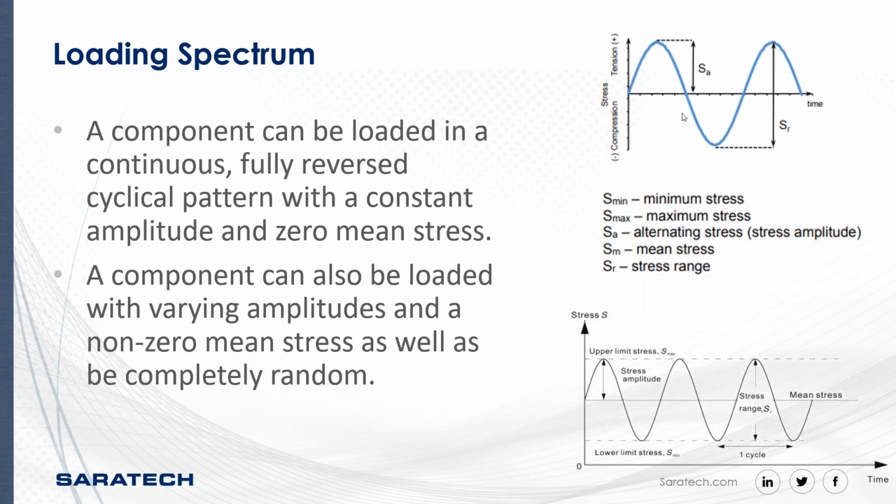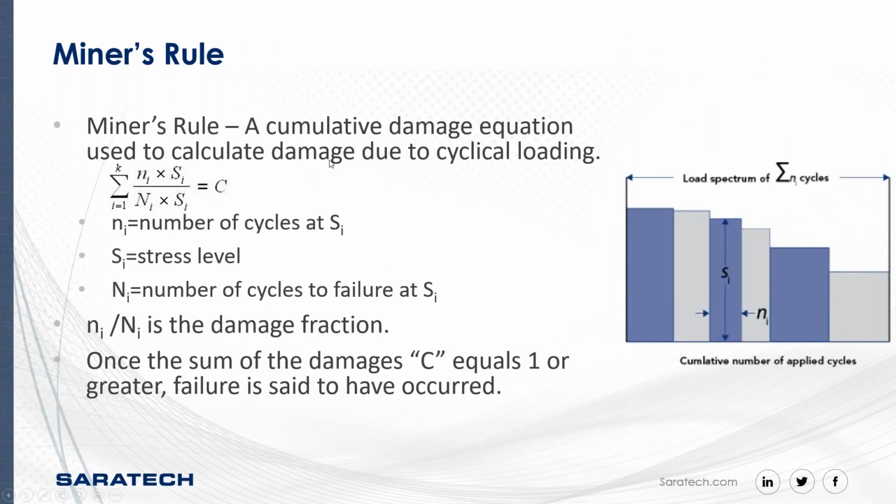It can also be loaded with varying amplitudes and a non-zero mean stress, so it can be offset into the tension region or into the compression region, and it can also be a completely random number of cycles and amplitudes and mean stress and all of that.